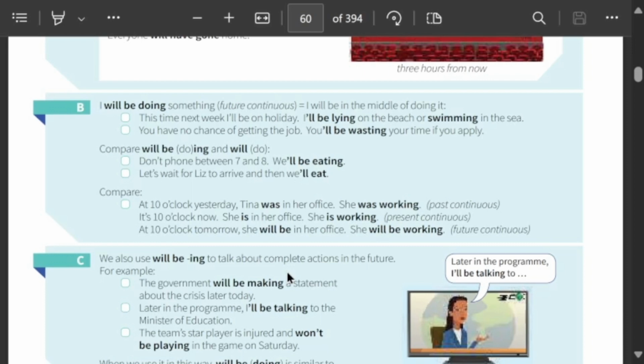This time next week I'll be on holiday. You see? It's like this time next week. So for example, today is Monday, so we could say next Monday. So this time next week, I'll be on holiday. I will be on holiday.